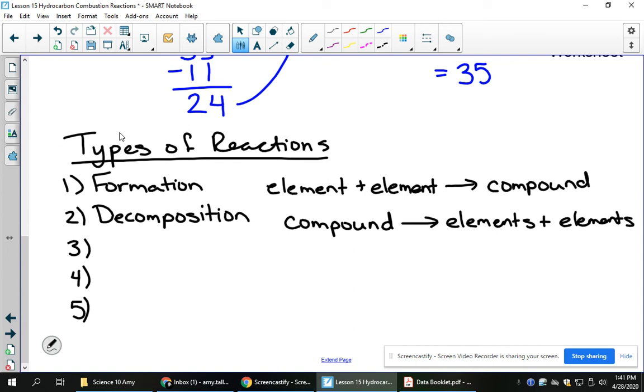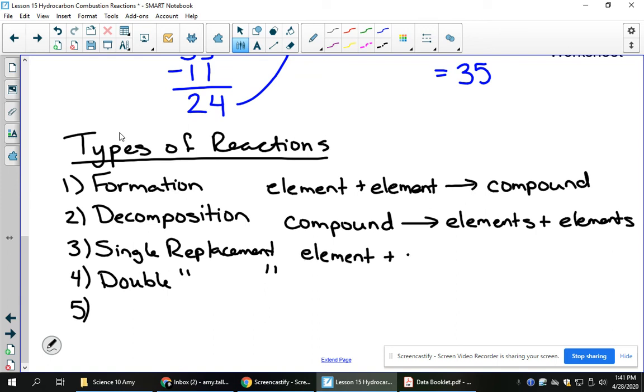The next 2 reactions that we did last week were single replacement and double. Single replacement was when you had an element plus a compound creating an element plus a compound.